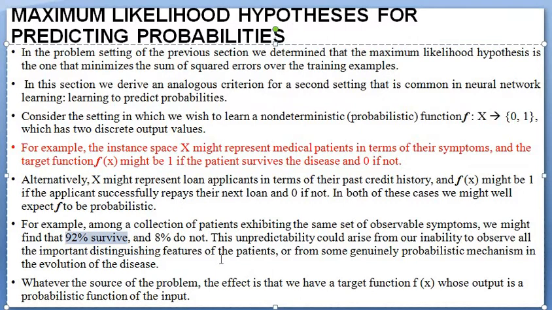This unpredictability could arise from our inability to observe all important distinguishing features of the patients, or from some genuinely probabilistic mechanism in the evolution of the disease. Whatever the source of the problem, the effect is that we have a target function f of x whose output is a probabilistic function of the input.